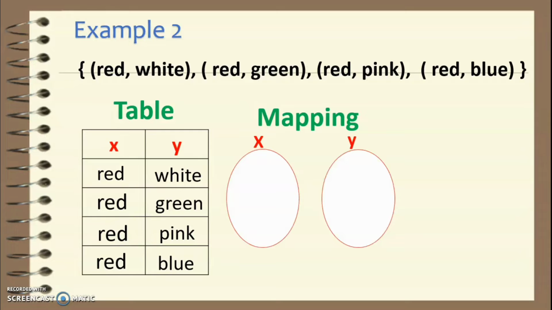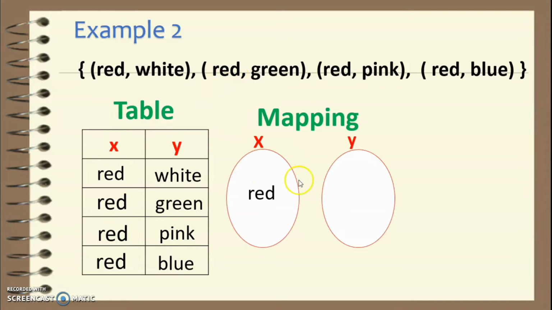Okay. Then we will write, unlike sa table, ang x, pabalik-balik natin sinusulat yung red, right? But here in mapping, kung pareho lang yung domain mo, isang beses mo lang siya isusulat. Hindi mo na siya ulit-ulitin.